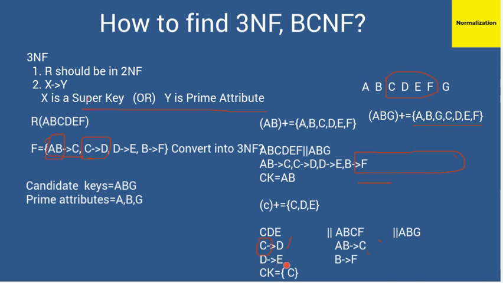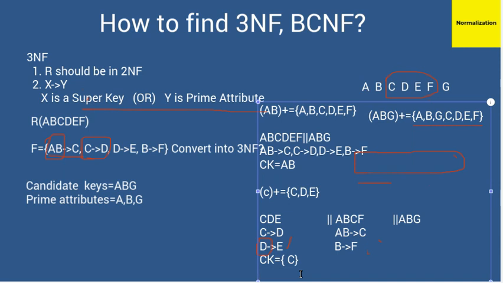Because D gives rise to E, D is not a super key, and E is not a prime attribute here. So what we need to do is divide into another table. So find D plus.